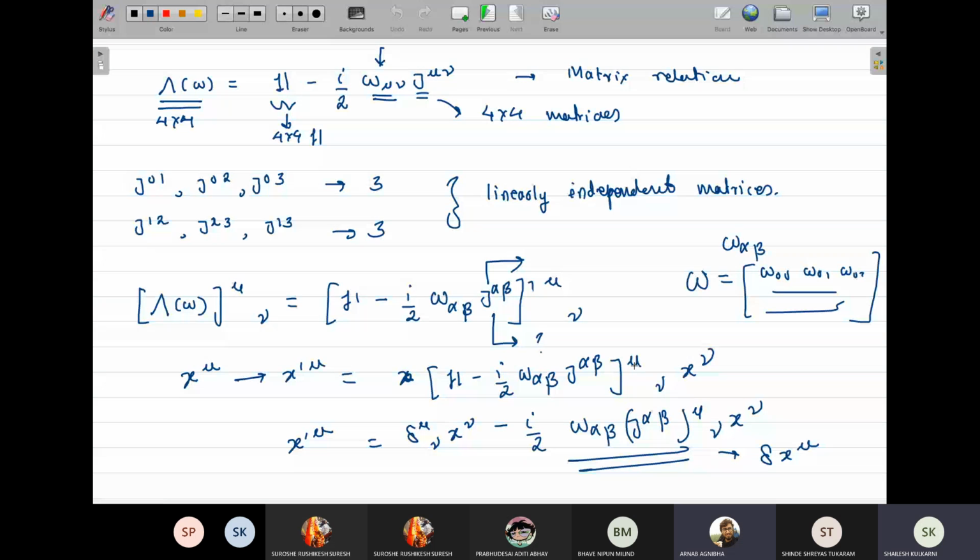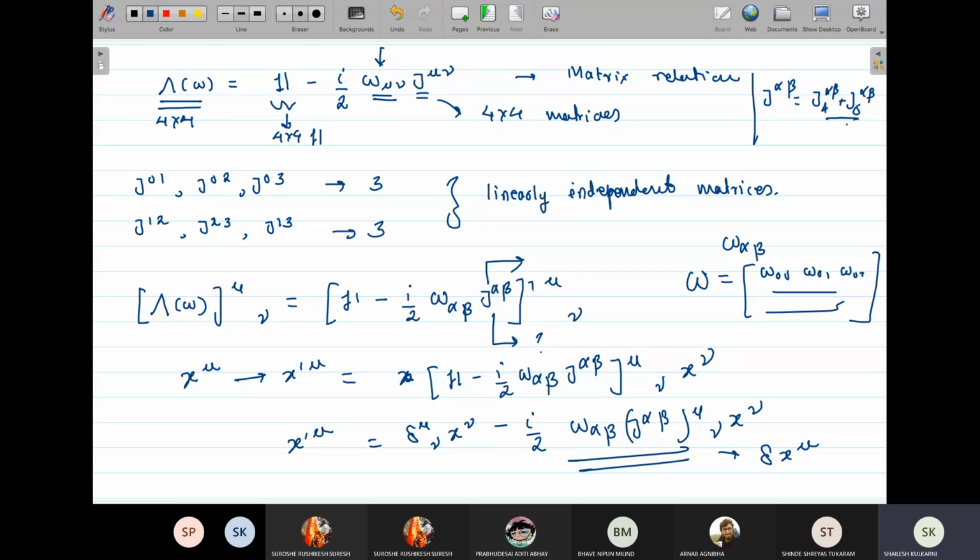Sir, why are we saying that this J mu nu should be antisymmetric? Means only 6 linearly independent components. Correct. So omega alpha beta is antisymmetric. Suppose this J alpha beta is not antisymmetric. I can write that as an antisymmetric part plus a symmetric part.